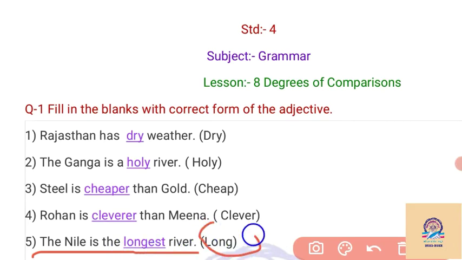Here long is given in brackets. So we can say that if the is given before the adjective or before the blank, then definitely it is the superlative degree. So we have to write the superlative form of the adjective long, that is longest. Here also the keyword the is given, so our answer is longest.